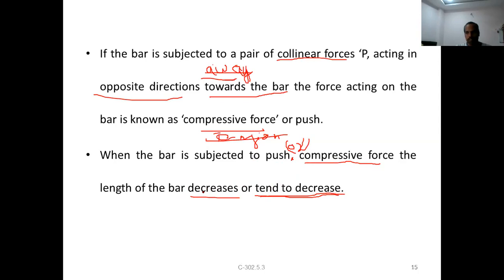Up to a certain limit, any appreciable change in dimension may not be possible. After certain extents only you are able to see the deformation. Initially it always tries, and after a certain point it starts deforming. Then we can see the decrease. That is the meaning of tend to decrease.